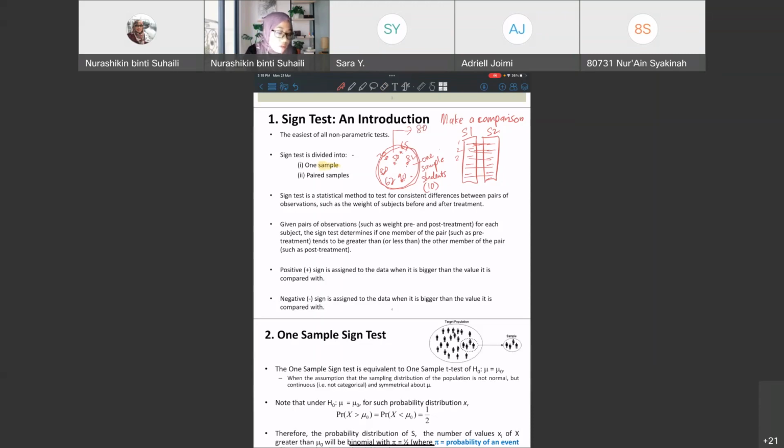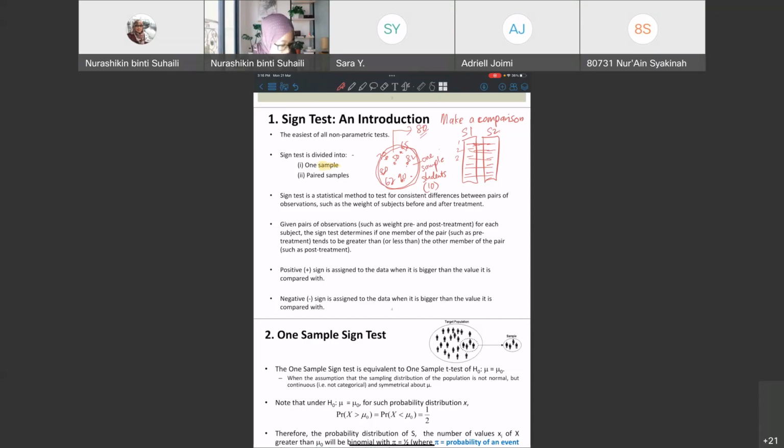So you want to compare lah dalam one sample ni, how the score of every student, how it differs with the benchmark with 80. But that one is an example. Okay, it can be different from one situation to another. But that's how the comparison is made. Okay, kalau tadi pair tu dia by pairs lah.